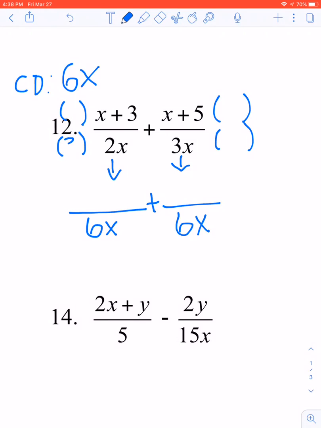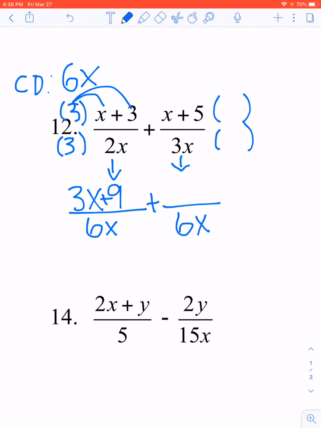2x times 3 will get you 6x, so we need to multiply 3 over here. Alright, and then the bottom becomes 6x and the top becomes 3x plus 9. Oh, I forgot my plus sign. Plus 9. That's because I multiplied the 3 times the x and times the 3 right there.